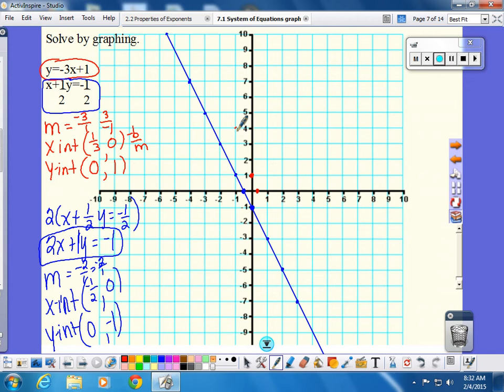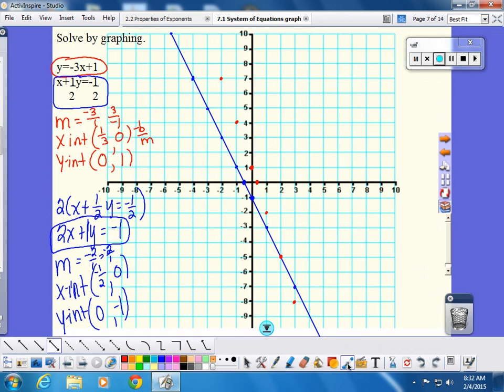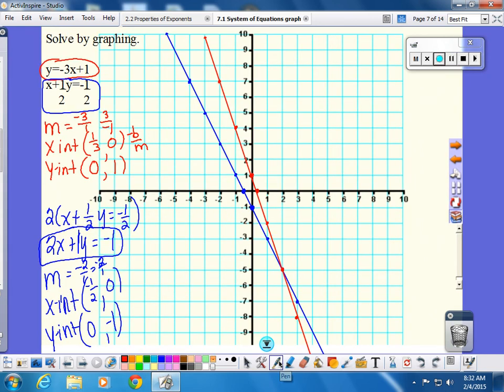Alright, this is going to be negative 3, so up 3 into the left one, down 3 into the right one. The thing is, you have to make your lines perfect. And that's not always easy. Really important that you use a ruler. And a sharp pencil, that helps too.